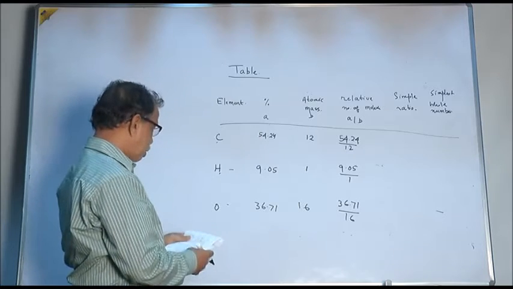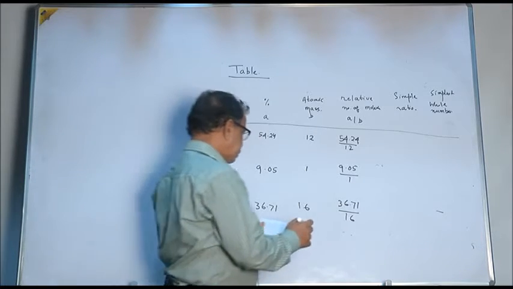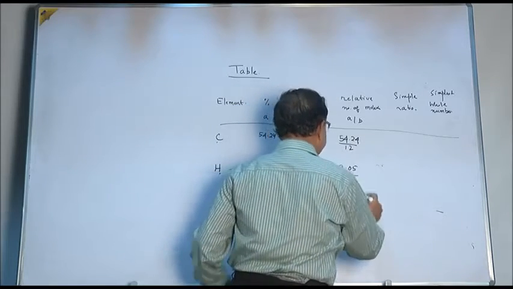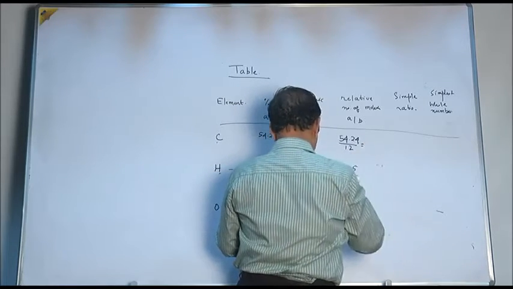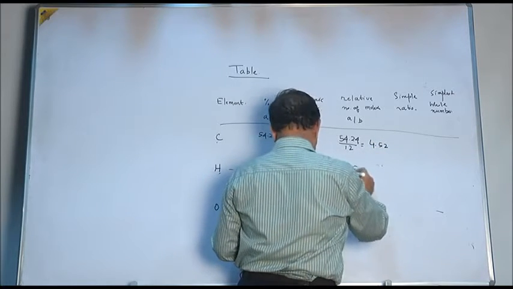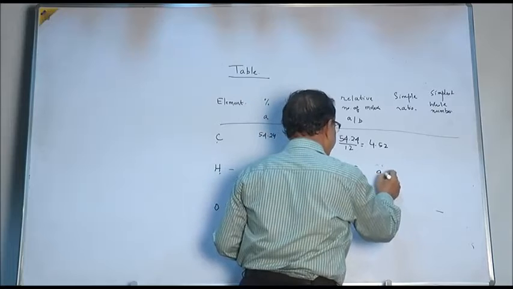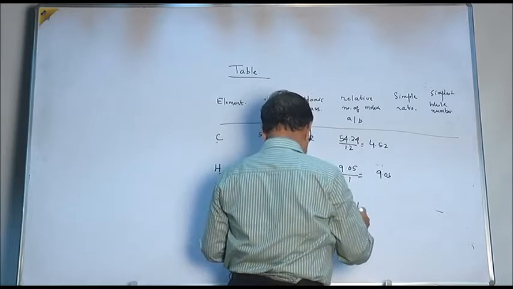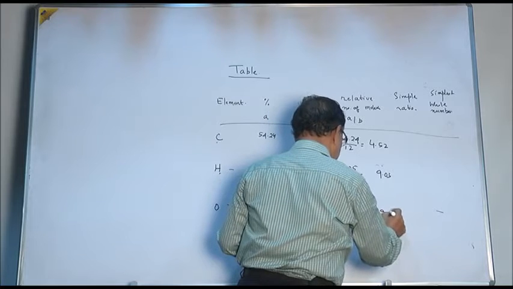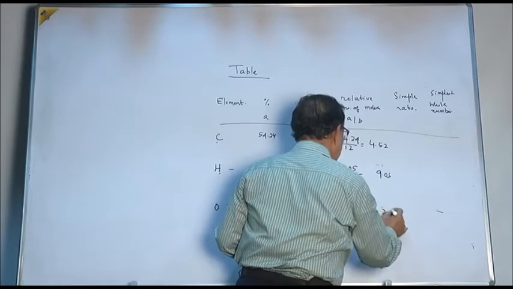So we have to make the simple ratio A by B. The values are 4.52, 9.05, and 2.29.